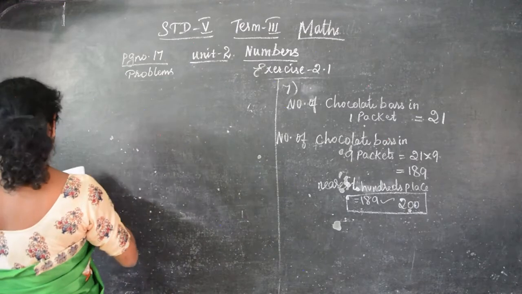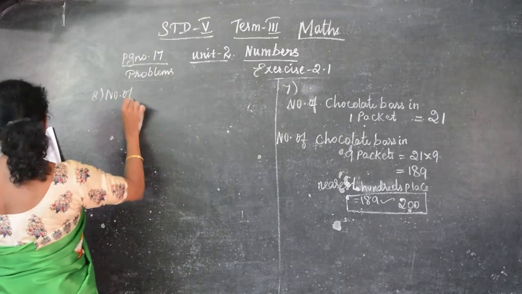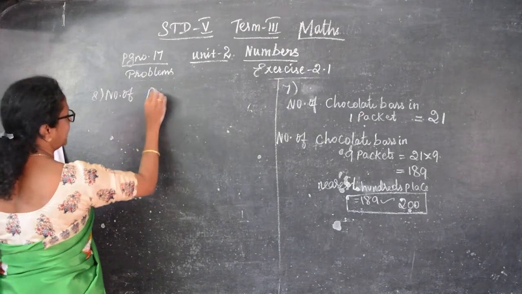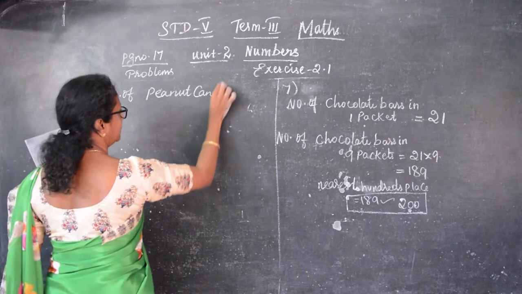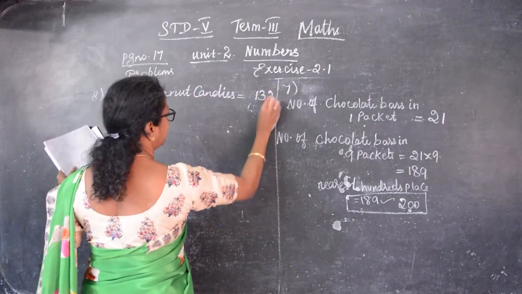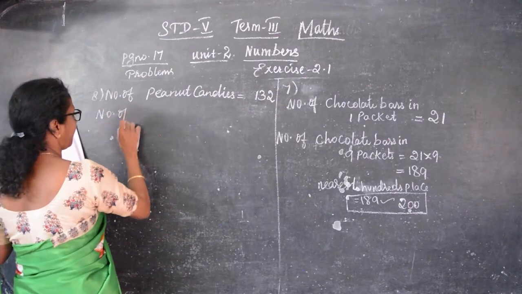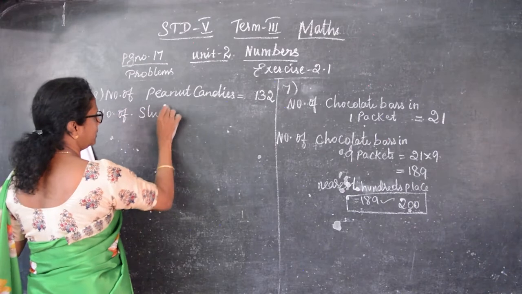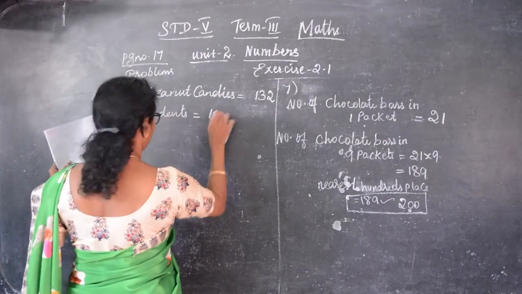So how to write number of peanut candies. How many candies are there? That is equal to 132. Then number of students. How many students are there? That is equal to 12.